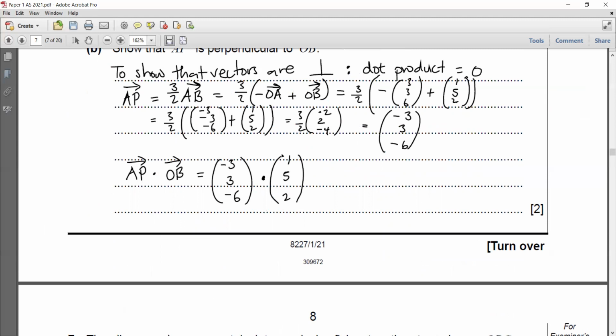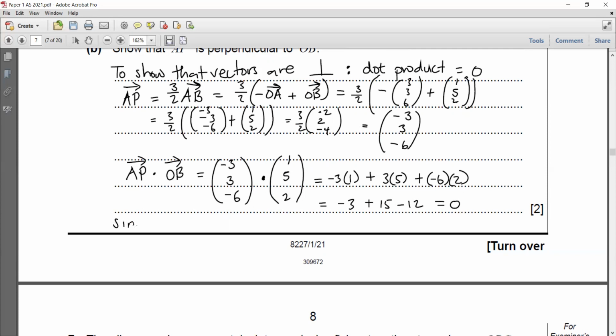So the first one multiplied with the first one, and then you add that to the second one multiplied by the second one, and then you add that to the third one multiplied by the third one. So here you will have -3 times 1 plus 3 times 5 plus -6 times 2. So this is -3 plus 15 minus 12, and this is in fact equal to 0.